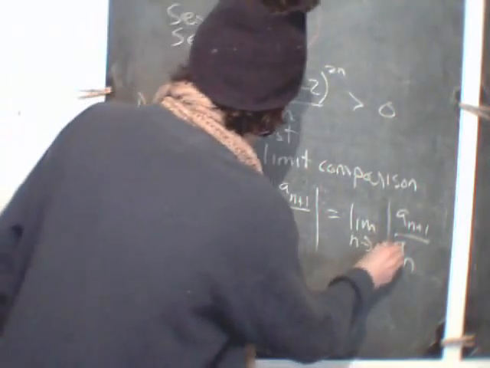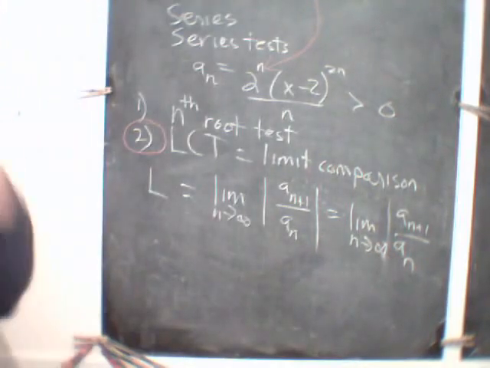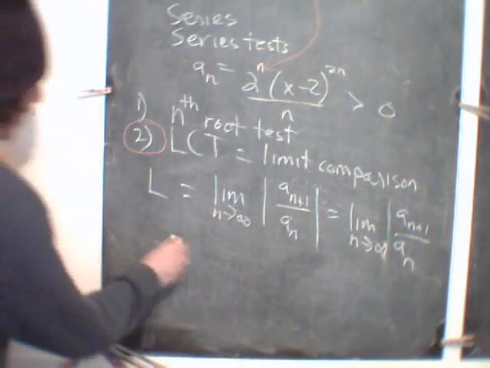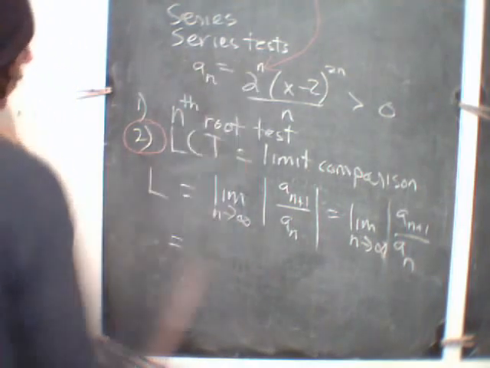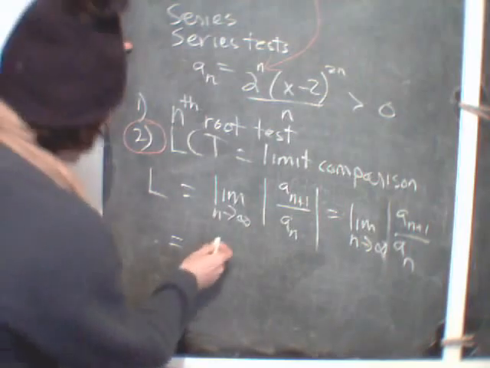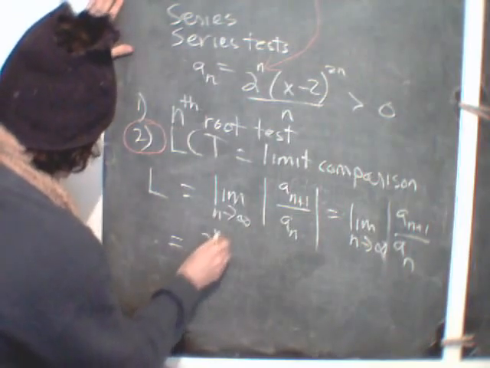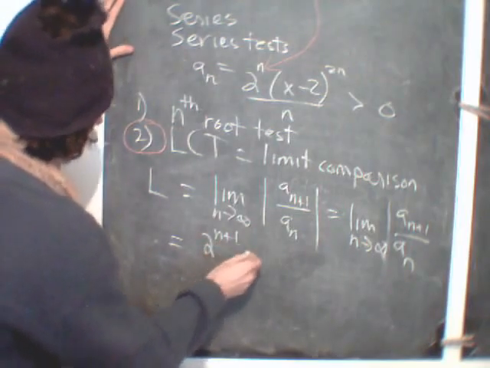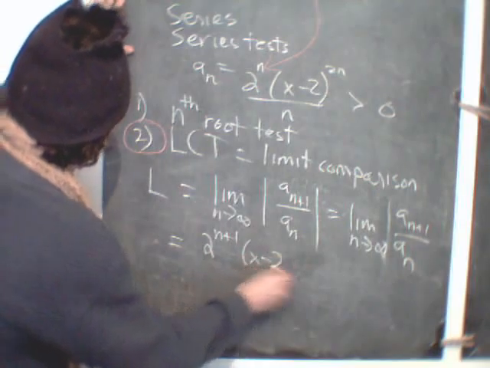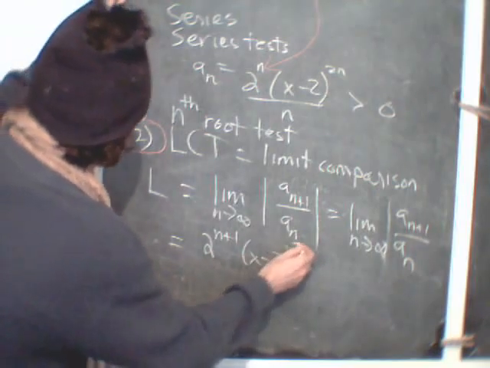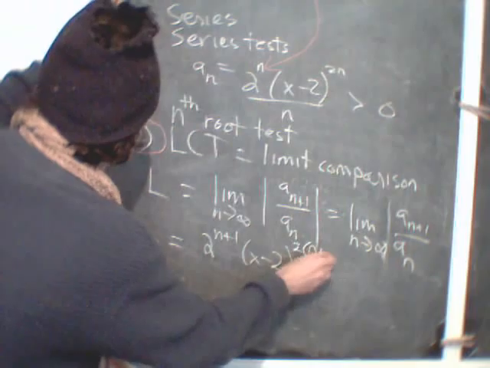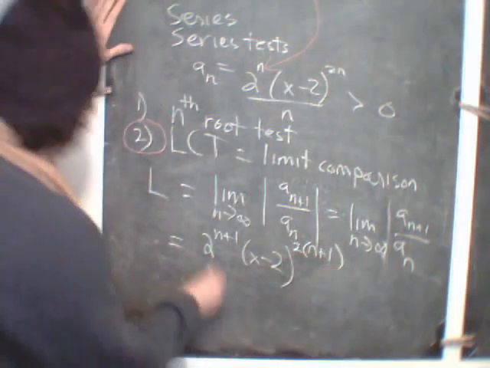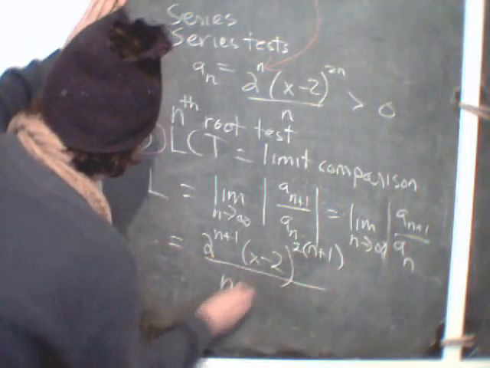So we've got this now, and that's equal to a_(n+1). Well, it's 2^(n+1) times (x minus 2)^(2(n+1)) divided by n plus 1.